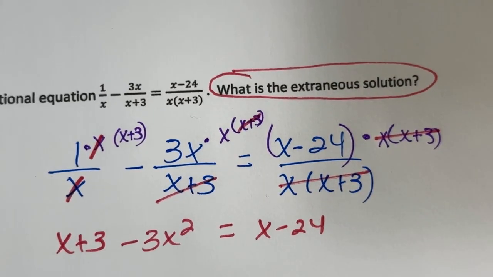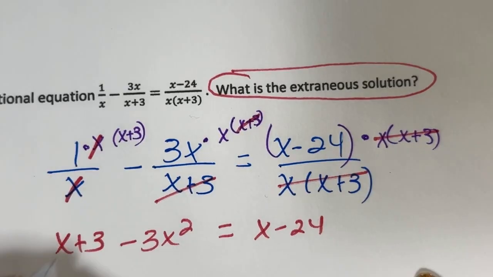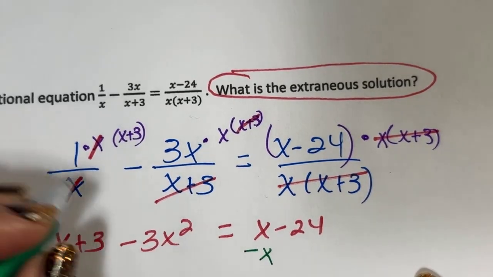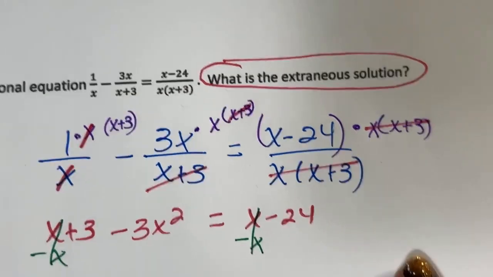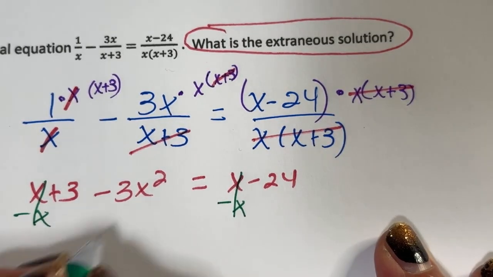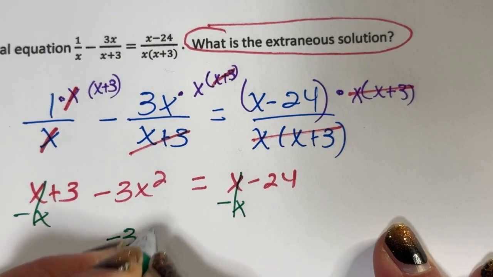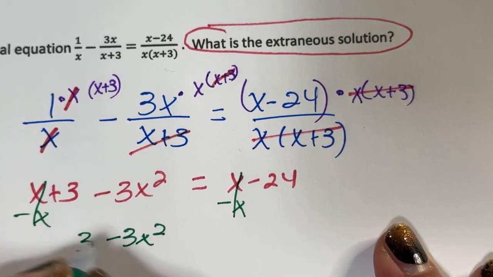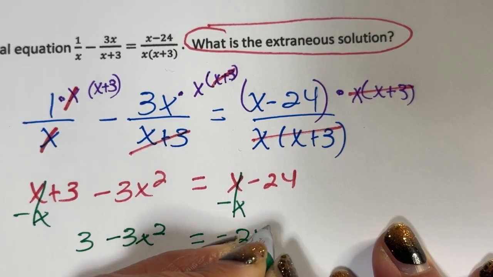All right, anytime we get a quadratic, we need to get everything over on one side and equal 0 on the other. But I do notice something that's about to happen here. If I subtract x from both sides, look what happens. They turn into 0. So then all I have left is negative 3x squared. Oh, don't forget that 3 in front. It is equal to negative 24.